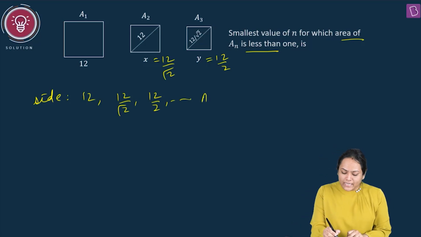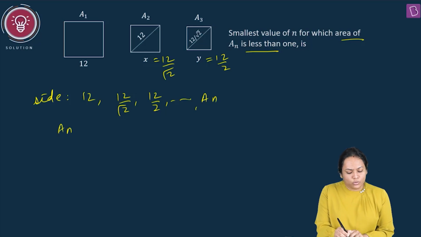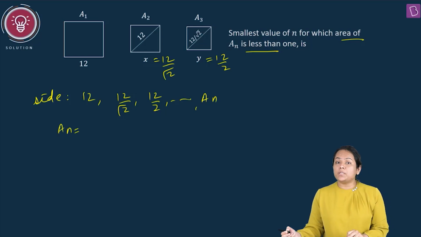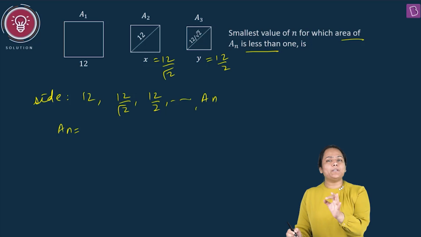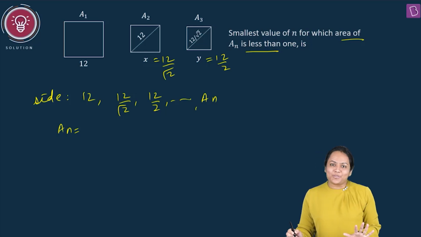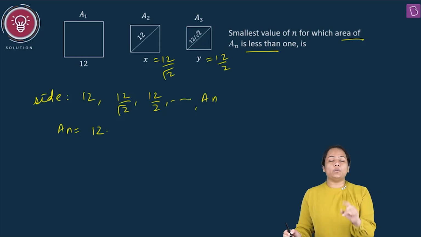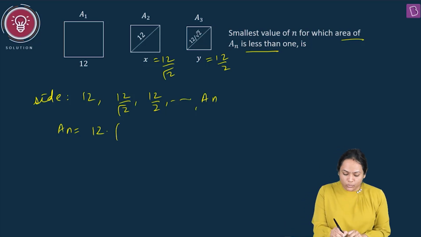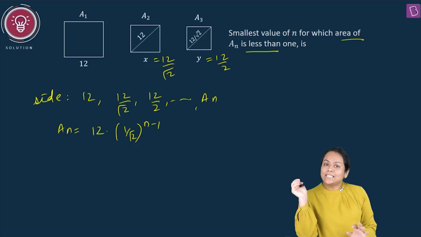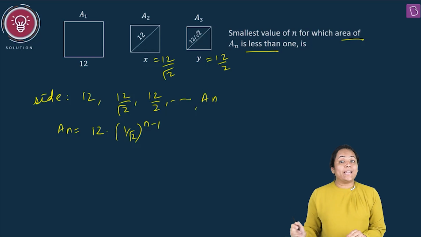If I have to write the nth term of this GP, you know the formula. What is the nth term of a GP? Well, that is A multiplied by R raised to n minus 1, right? So my A value will be 12 and my R value, which is the common ratio, will be 1 by root 2, raised to n minus 1. Clear? Now I have to write its area.